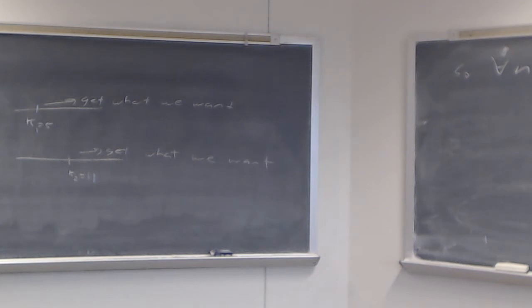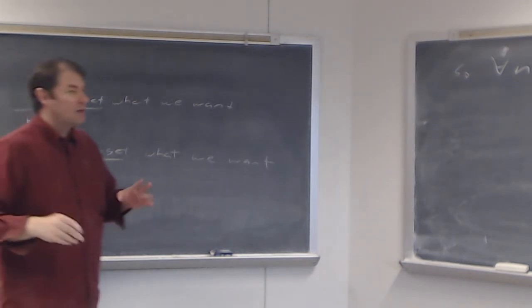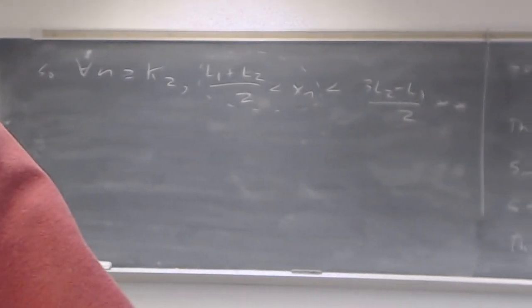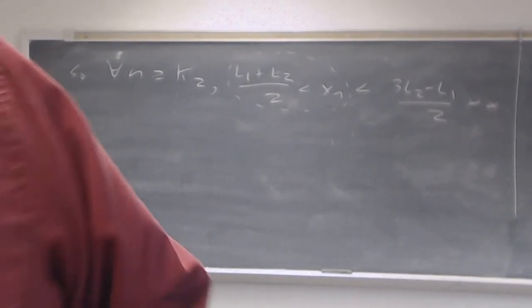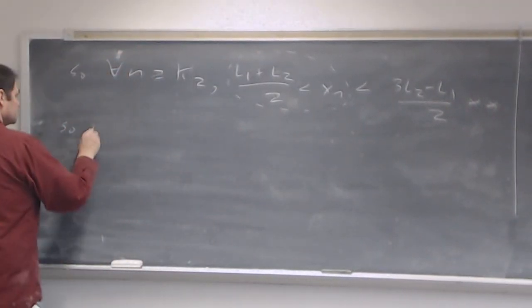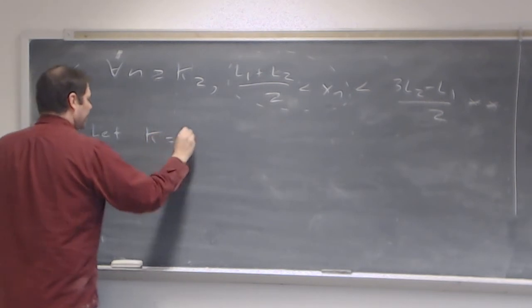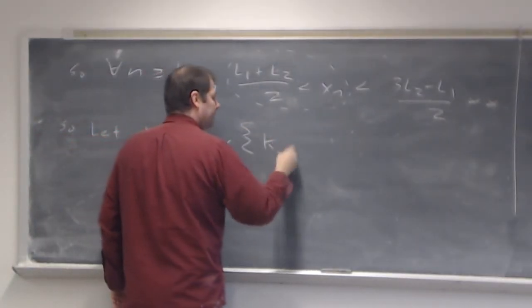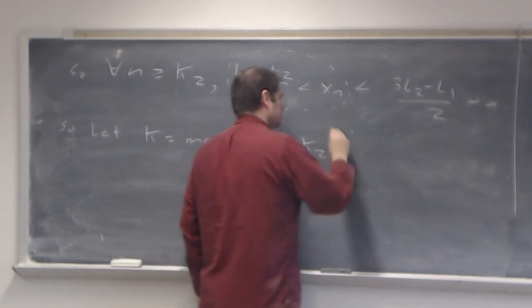In general, k sub 2 is 11 and k sub 1 is 5. The way we make this happen in proofs is we say let k be equal to the maximum of the two numbers, k sub 1 and k sub 2.